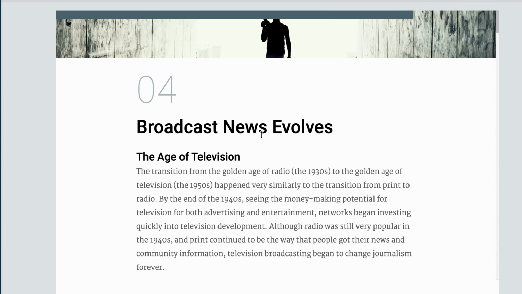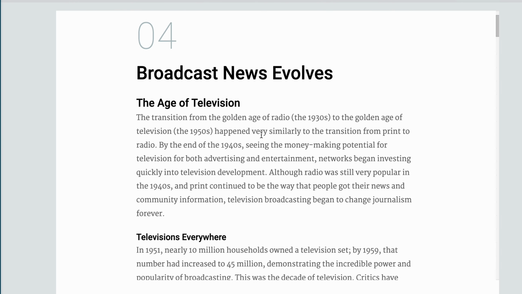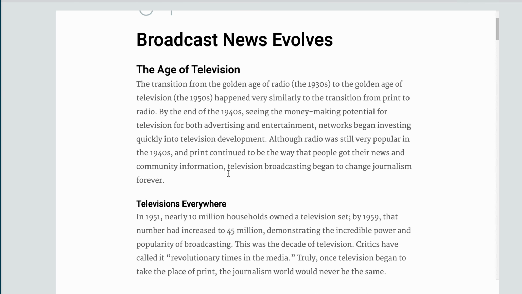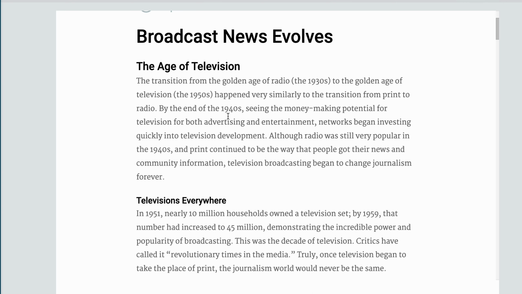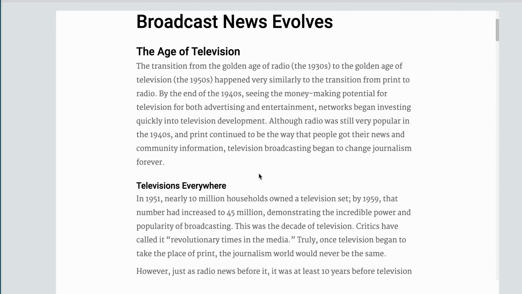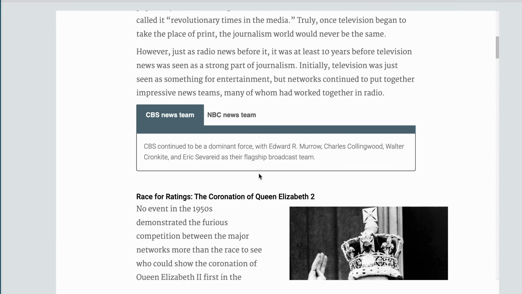Then we have lesson 4, mainly about the age of television. So that's a new trend that's appearing during that period of time. The age of television appeared during that period of time, and by the end of the 1940s, TV was almost in every house in America, and then networks began investing in television development, and television was everywhere.